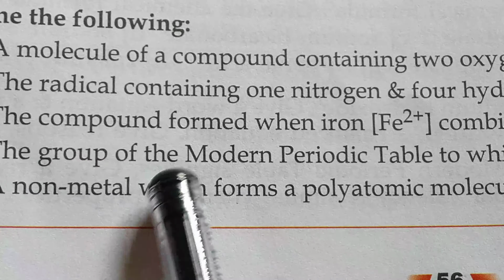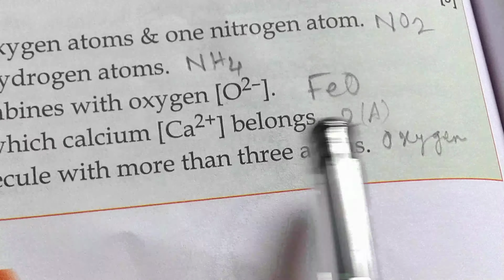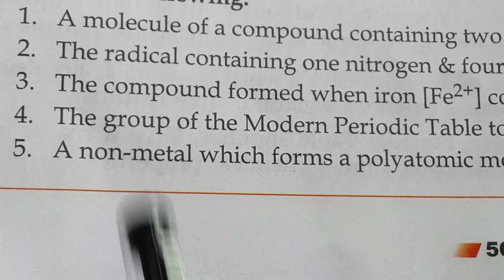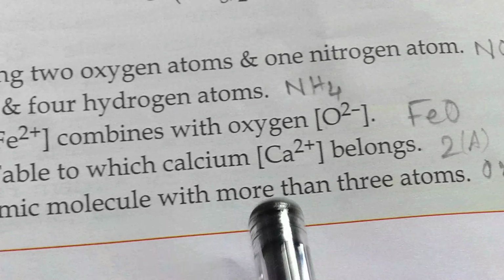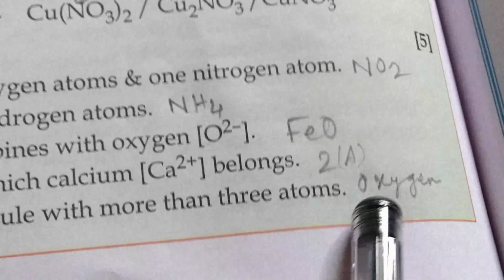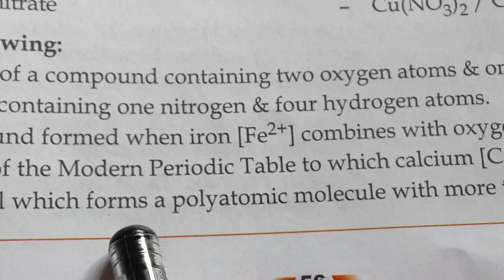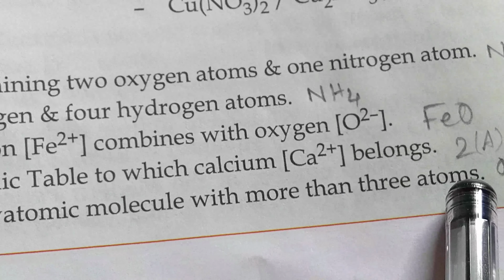The group of the modern periodic table to which calcium belongs, group 2A. A non-metal which forms polyatomic molecules with more than 3 atoms: oxygen. Oxygen is the only non-metal that forms polyatomic molecules with more than 3 atoms.